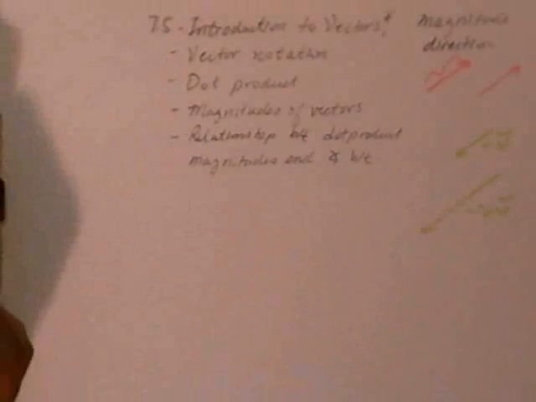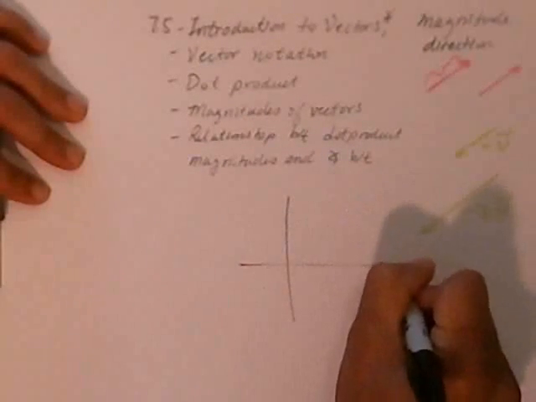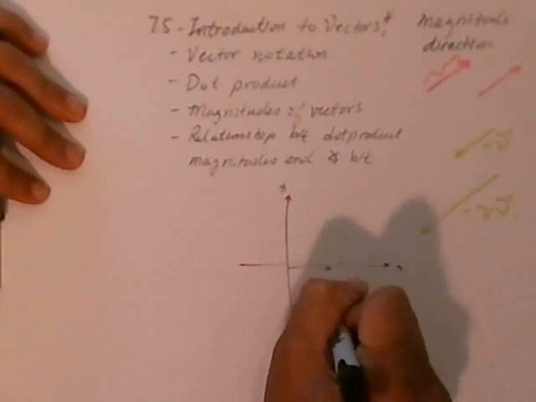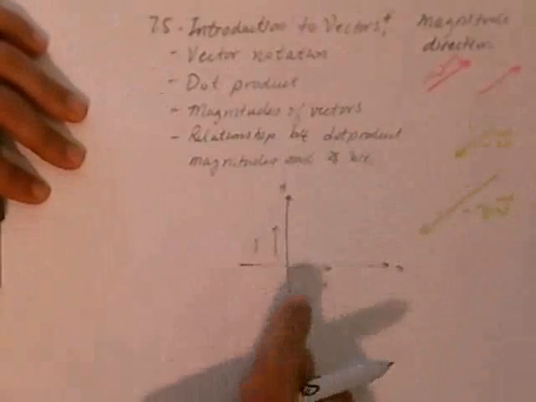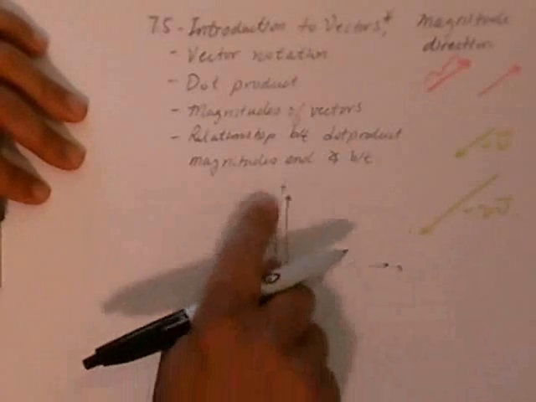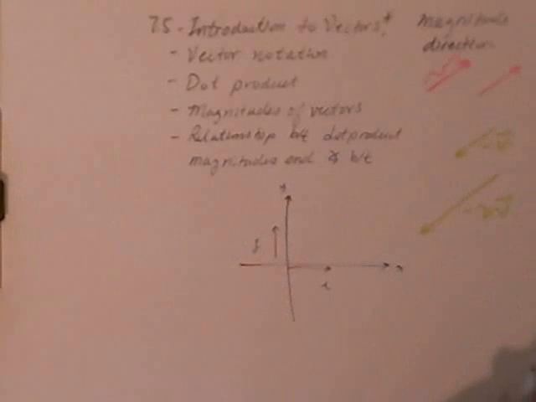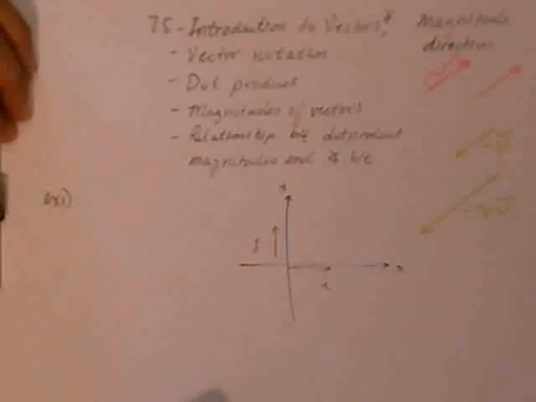Let's use a pen for this. When you have a vector in the xy plane, in this direction, we call that the i direction. We call this the j direction. i comes before j, x comes before y. So let's see an example one, of how to do this.